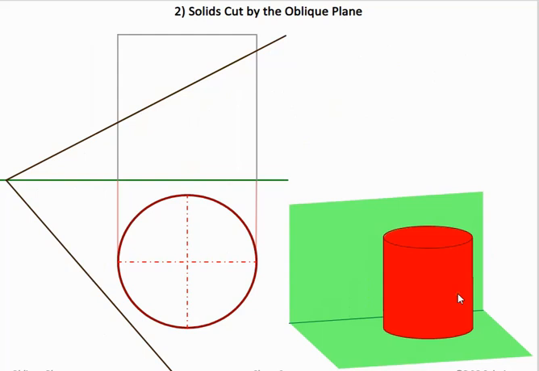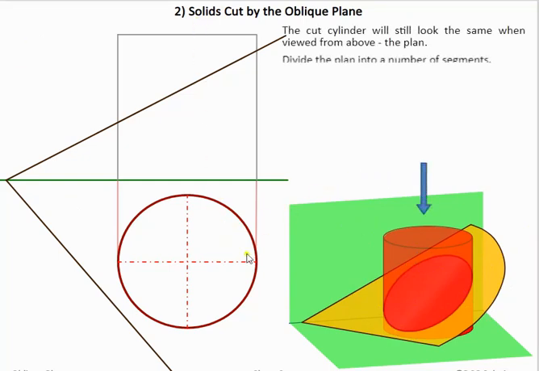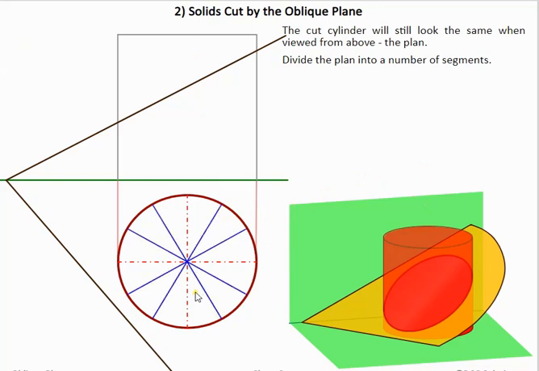Now if we look at a cylinder that has been cut, it's the same process again. If we look at the 3D graphic, what we notice is it's going to be an elliptical shape in elevation. The plan view doesn't change because we're looking down from above. To do this, we're going to divide our circle using the 30/60 set squares to give us 12 points, to give us our best possible elliptical shape.